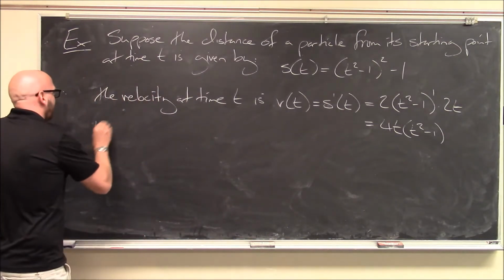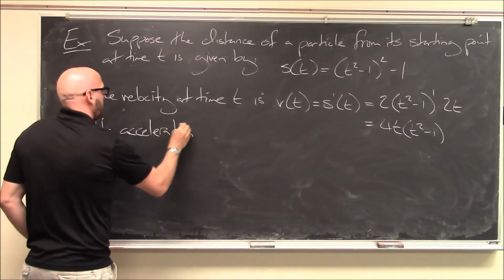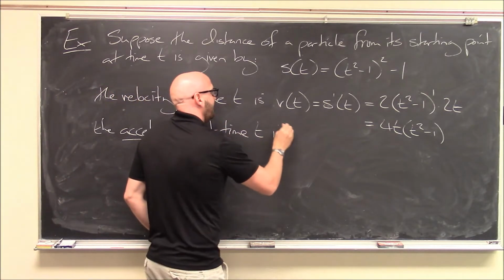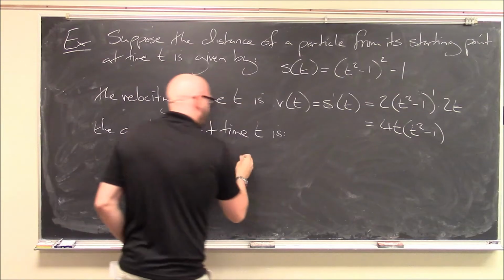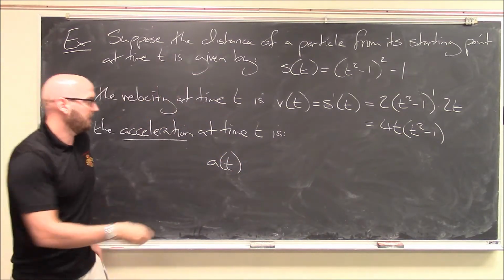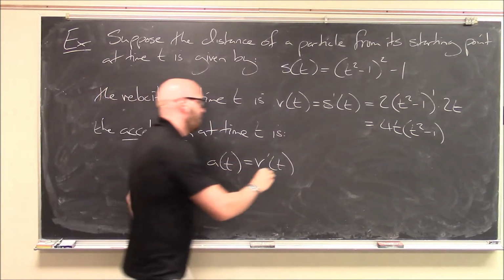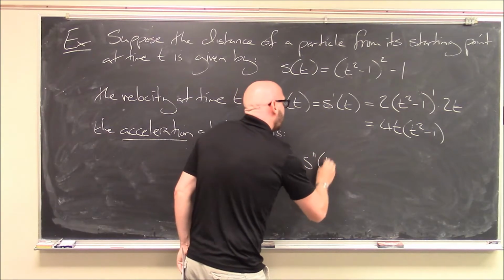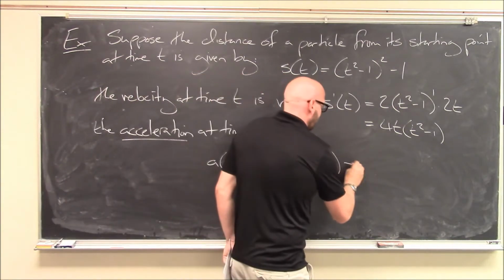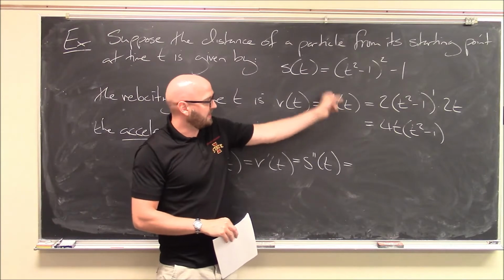So the acceleration at time t is, I don't have a whole lot of space here, so we'll do it down here. I'll call it the function a of t, a for acceleration. Well, it's the derivative of velocity, which means it's the second derivative of position. And to find this, I just need to differentiate the velocity function, which amounts to differentiating position twice.